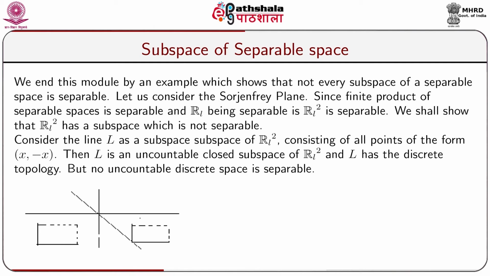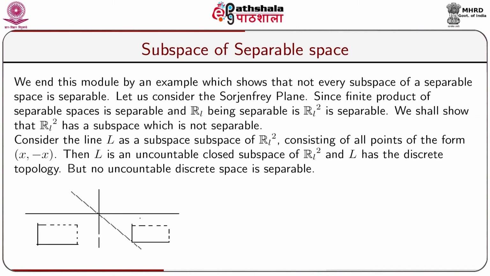Then this line has the discrete topology as a subspace of R_L squared. In fact, if we take any point (x, -x) on that line L, then we can see that [x, u) Cartesian product [-x, v) is a rectangle in R_L squared, which is open in R_L squared and meets L only at the point (x, -x).